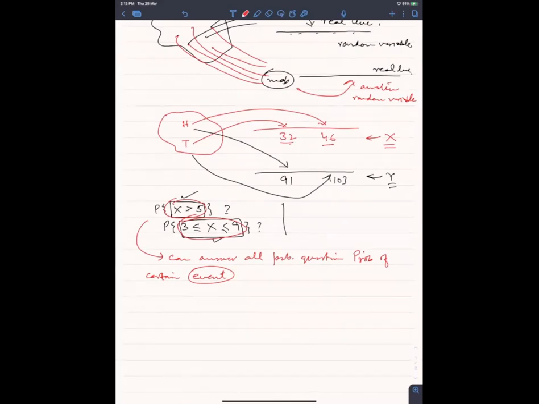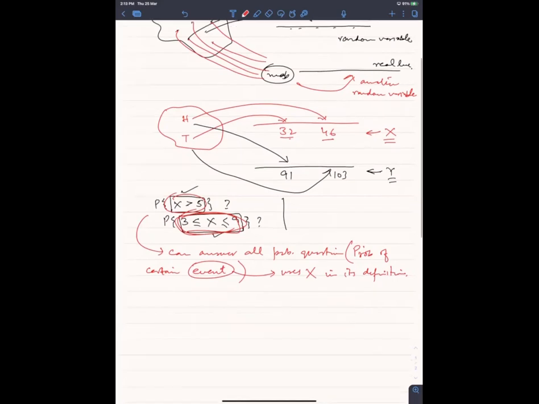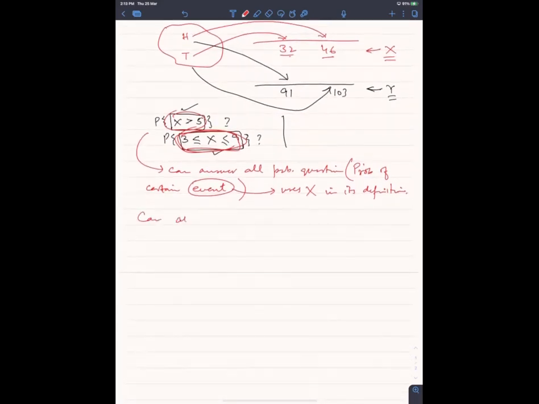So you can answer our probability questions, for example, the probability of a certain event, and that event uses x in its definition. ये इवेंट जो है वो x को अपनी डेफिनेशन में यूज कर रहा है. However, I can define an event which uses more than one random variable. So you can also define events in terms of multiple random variables.